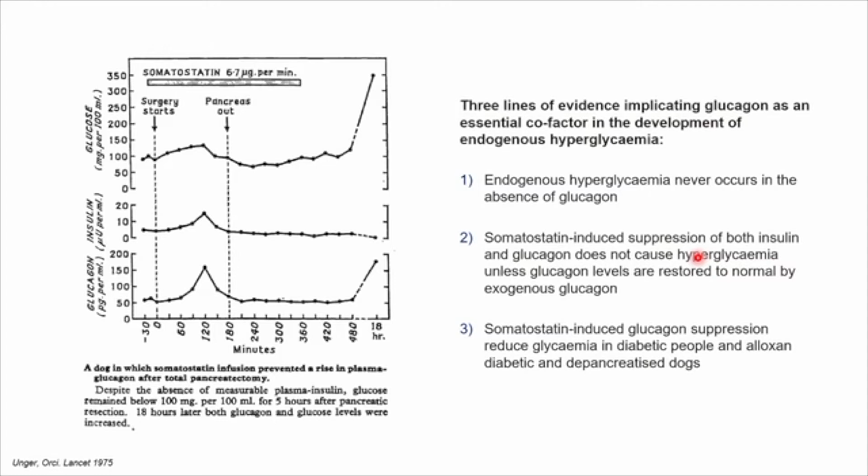What you can see here is that they take the pancreas out during the somatostatin infusion, and nothing happens with the plasma glucose levels. But when the somatostatin infusion stops, allowing glucagon levels in the lower panel to increase, that is when you see the glucose levels also increasing. So this is the foundation of the bihormonal hypothesis published by Roger Unger and Lelio Orci.